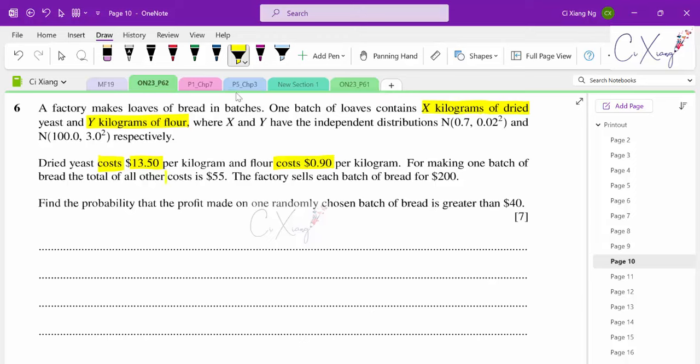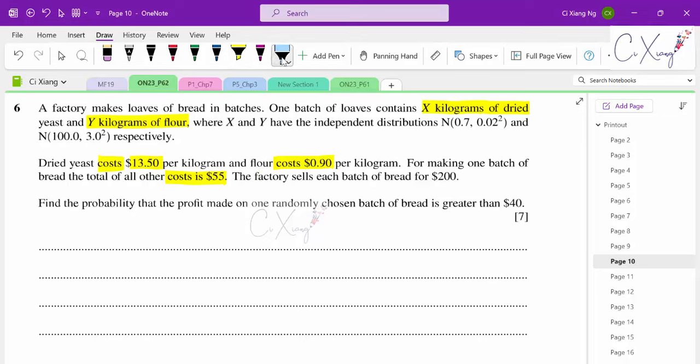We also have other costs, which is 55. So the cost for the yeast depends on how many kilograms of yeast we are using, and the cost of flour depends on how many kilograms of flour we are using. But there's a fixed cost there, which is 55, not depending on X or Y. But all these are the costs.